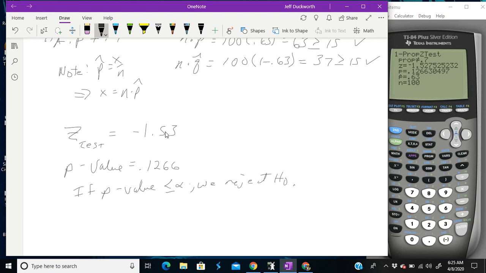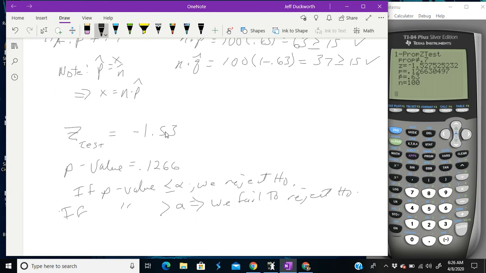Which means if the p-value is strictly greater than alpha, then we fail to reject. Again, we're not proving the null, we're just failing to reject that it is incorrect.